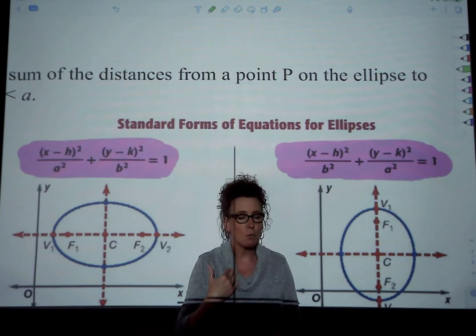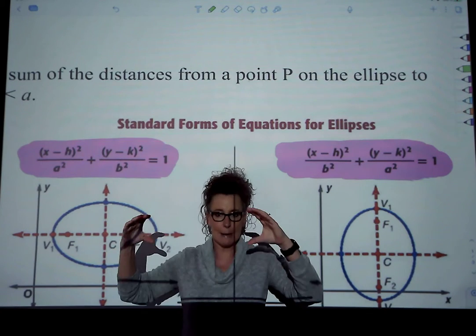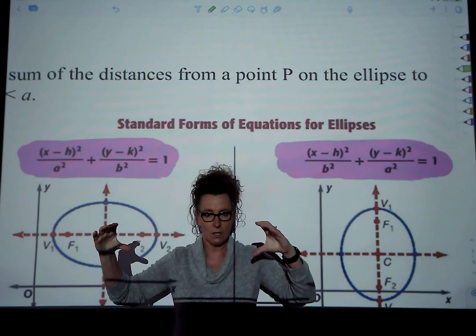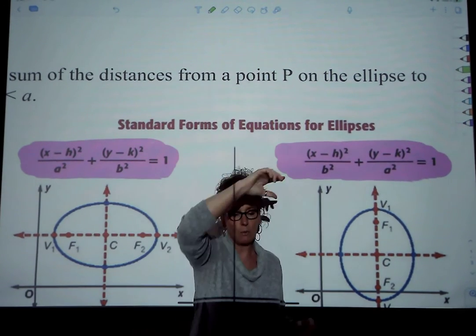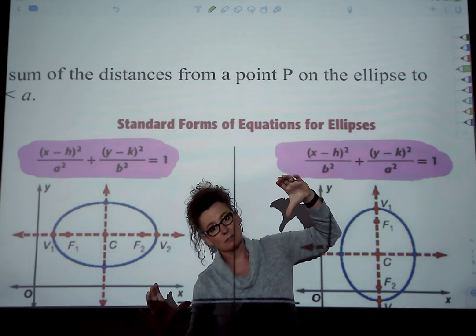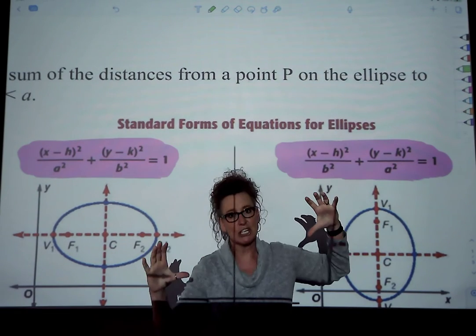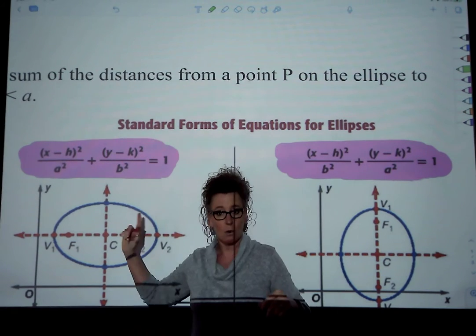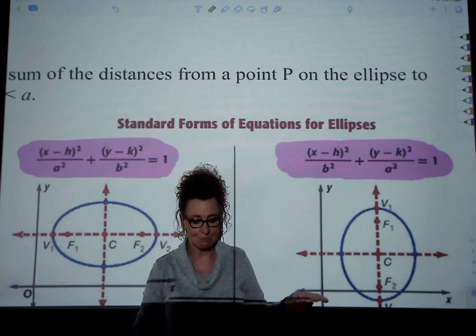The ovals that we look at will either be long ways horizontally or they will be long ways vertically. We're not going to do any ellipses that are positioned on a graph diagonally. They'll either be horizontal or vertical.